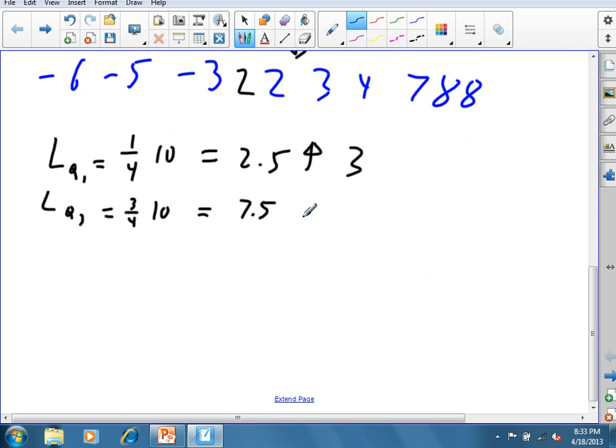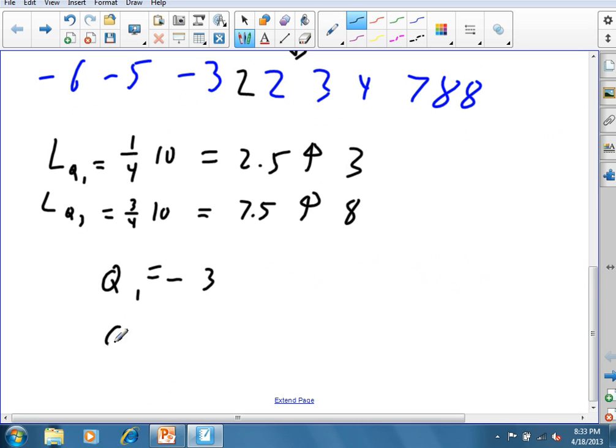I'm going to round up to 8. Okay, so Q1 is minus 3, and Q3 is 1, 2, 3, 4, 5, 6, 7, 8 is 7. So even though I added the data point, neither the first or third quartile changed. The only thing that changed was the median, which they didn't ask me to calculate.